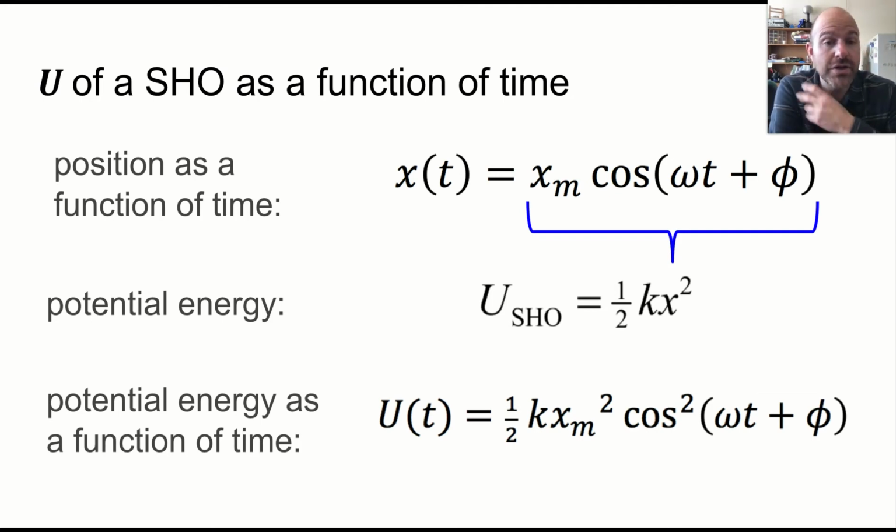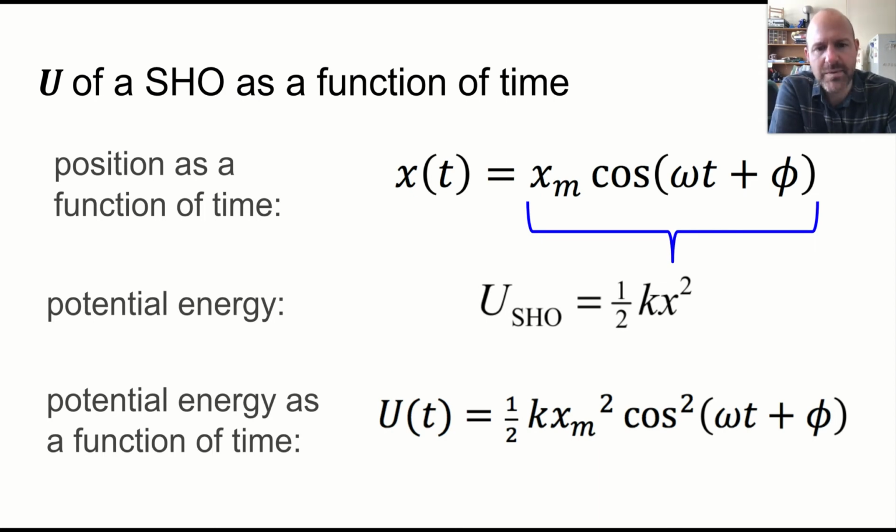Now, the truth is you can do this for any simple harmonic oscillator. Notice instead of calling this U_s for spring potential, I'm calling it U_SHO, potential energy. Because for any of our springs or pendulums or any other system that behaves with a restoring force, we can think of this k as being some combination of variables or constants for a given simple harmonic oscillator.